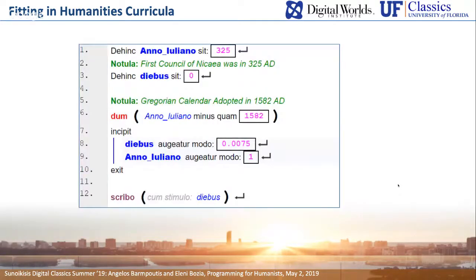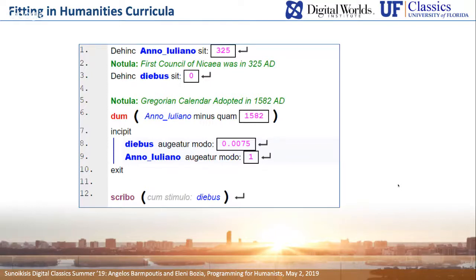Another example, in Latin in this particular case, is transcribing information found in Pope Gregory's epistles that have to do with the introduction of the Gregorian calendar, and calculating the discrepancy between the Gregorian and the Julian calendar.